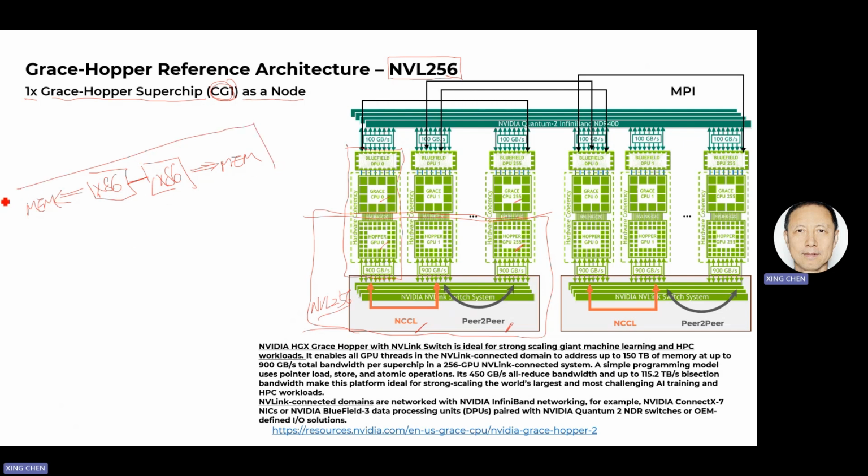And then you are going to get an SXM module with up to 8 GPUs.